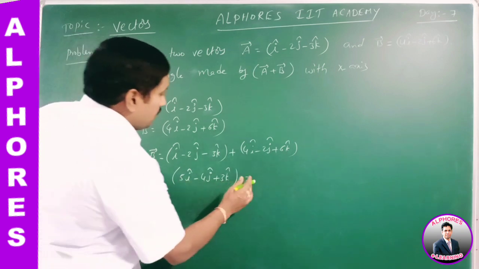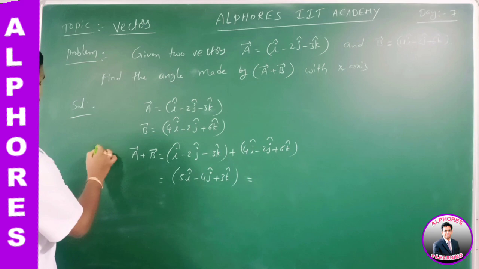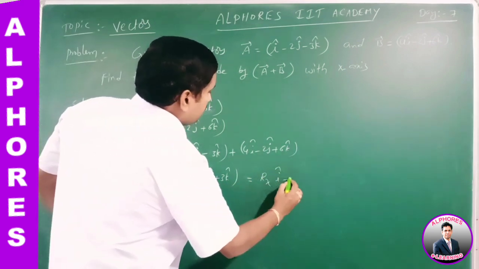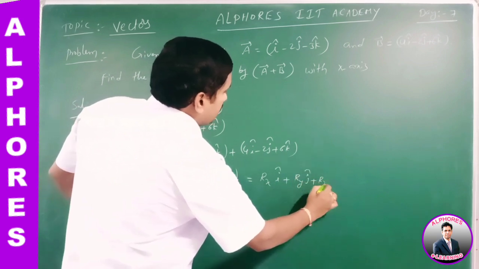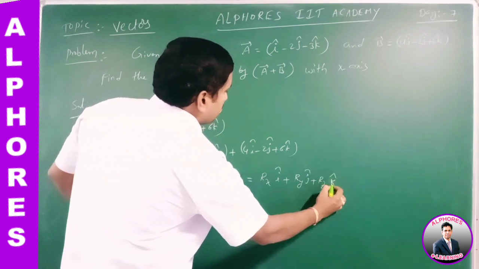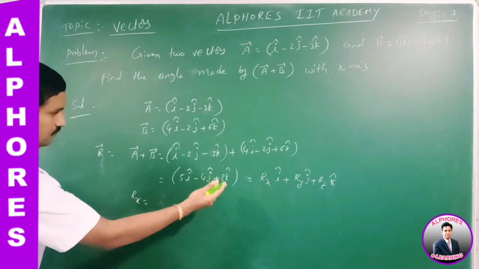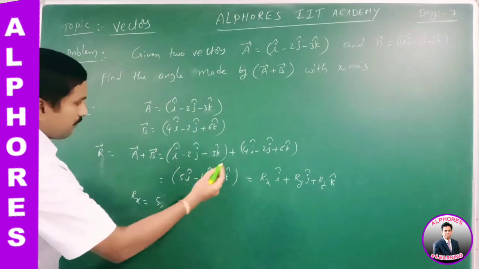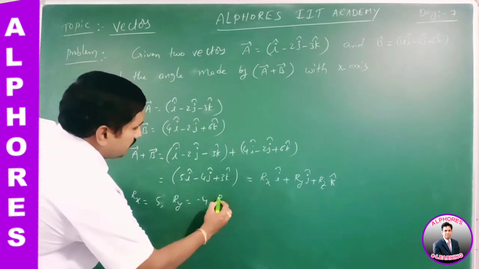Suppose the resultant can be taken as rx into i cap plus ry into j cap plus rz into k cap, as per the resolution of vectors in 3 dimensions. Now by comparing this, rx is equal to 5, and ry is equal to minus 4.